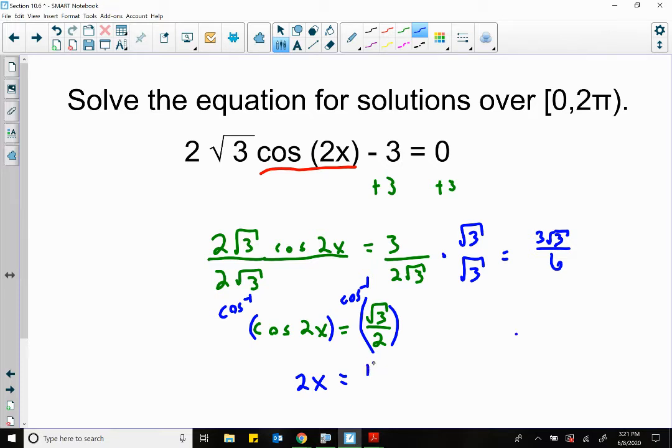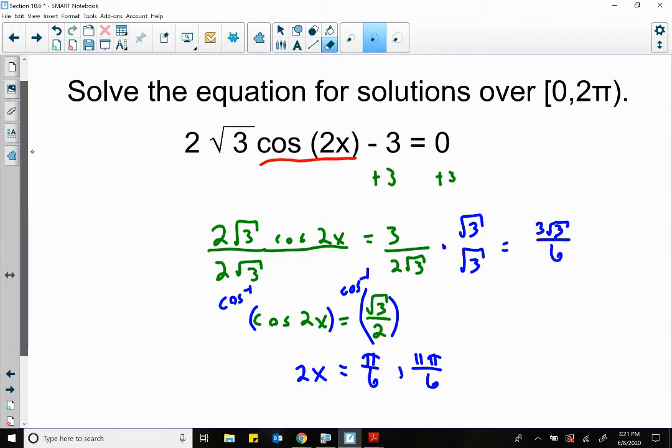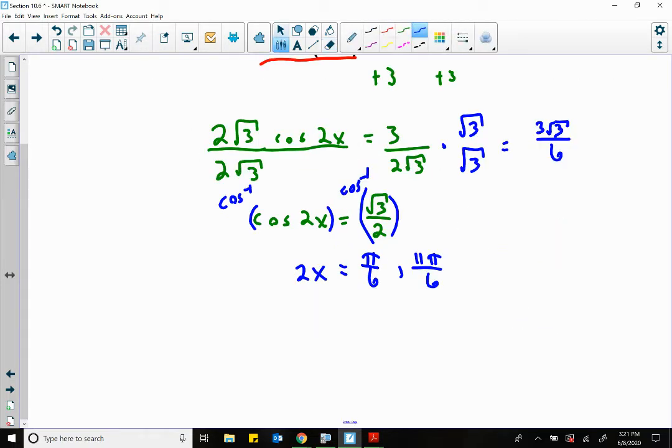So we're going to adjust these answers now. We're going to say 2x, because we're not done, is equal to pi over 6. And 2x equals 11 pi over 6.